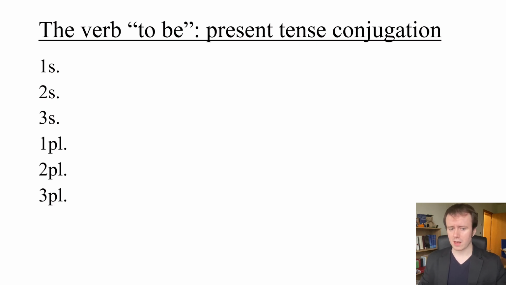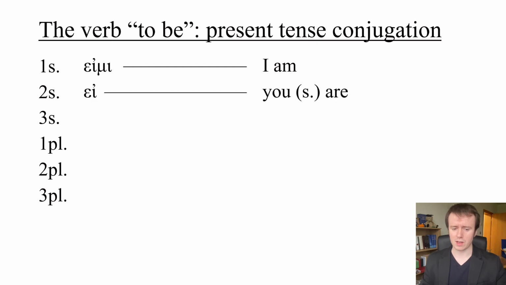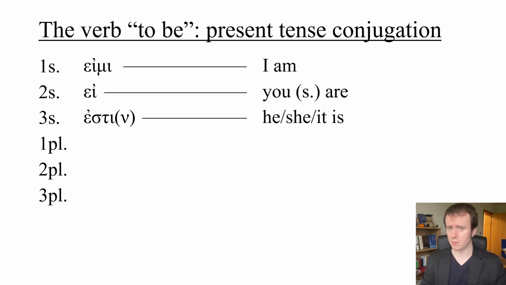The first person singular form is εἰμί, meaning I am. The second person singular form is εἶ, meaning you singular are. The third person singular form is ἐστίν, or without movable nu, ἐστί, meaning he, she, or it is.